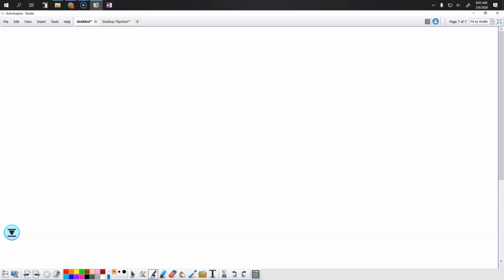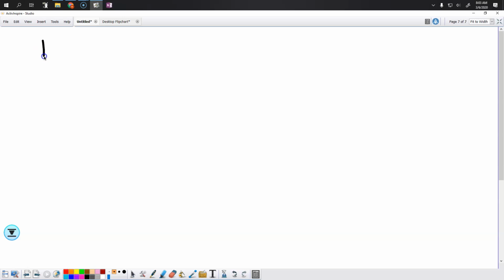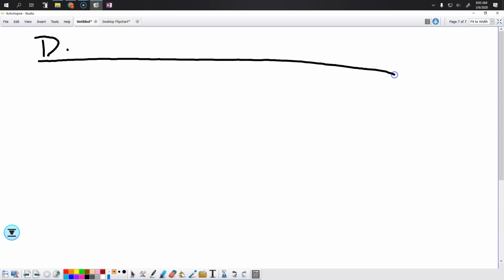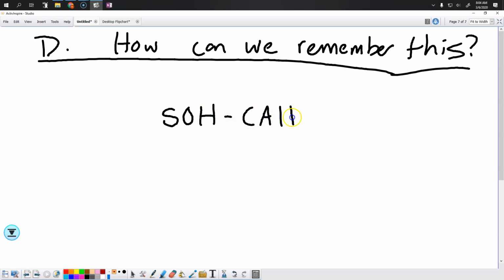Zanab asked, how are we going to remember all that? Does anyone remember how to remember it? Yeah, it's called SOHCAHTOA.